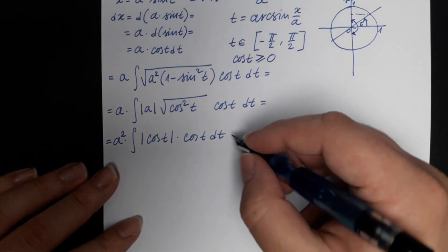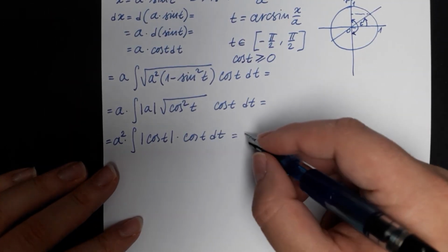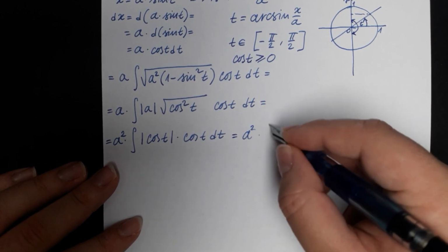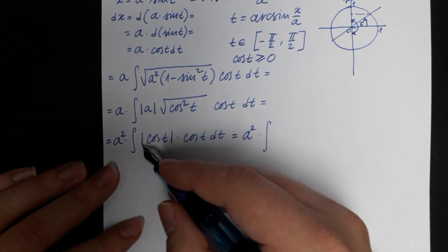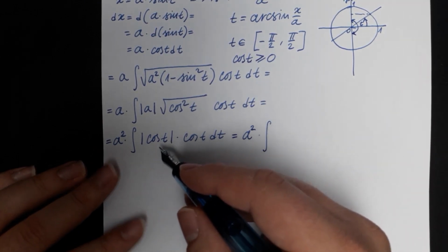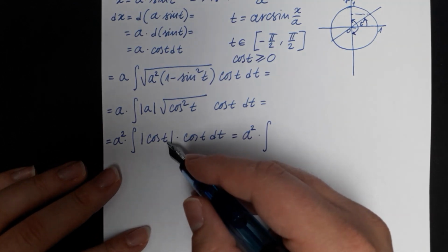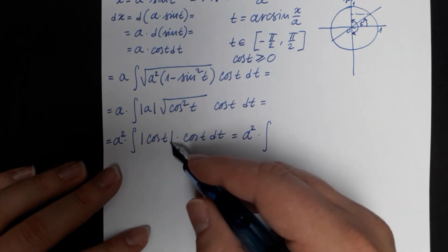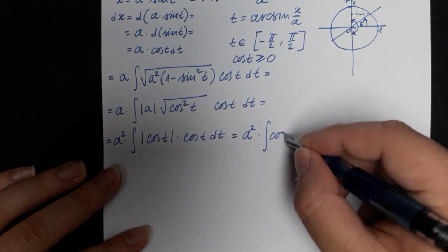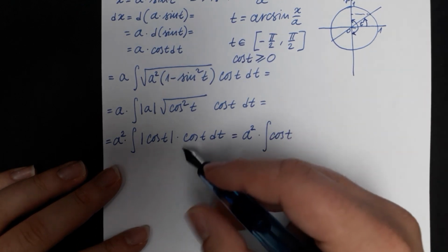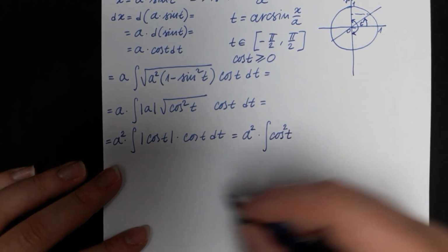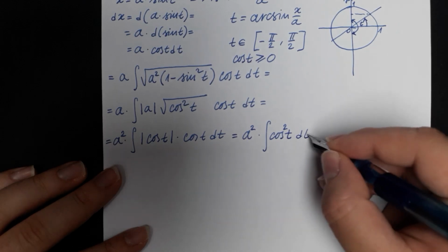Now, when we return into this step of our solution, we get that a squared times integral cosine of t is always a value which is larger or equal to 0, so its absolute value is that value itself. Times cosine of t, we get a square here, and that is dt.